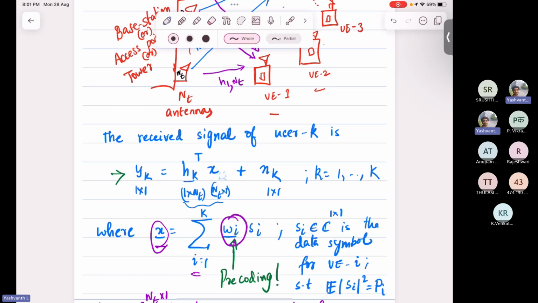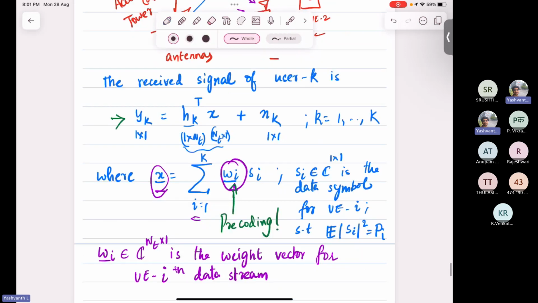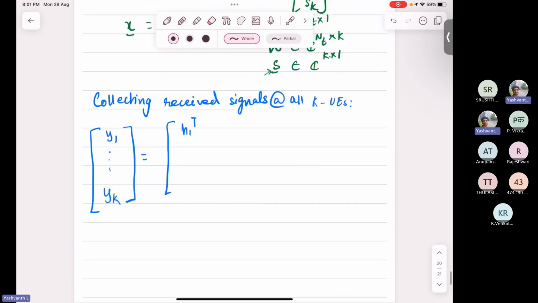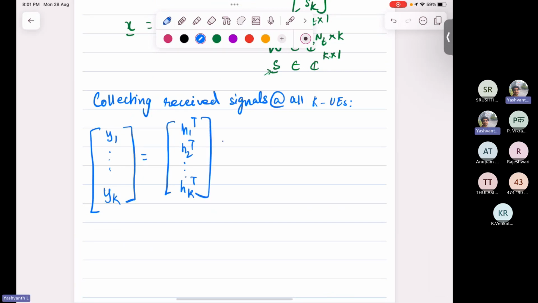X is just the vector that's transmitted from the base access point. So H1 transpose, H2 transpose, and so on to HK transpose times X plus there's a noise vector. Let me call that N vector.